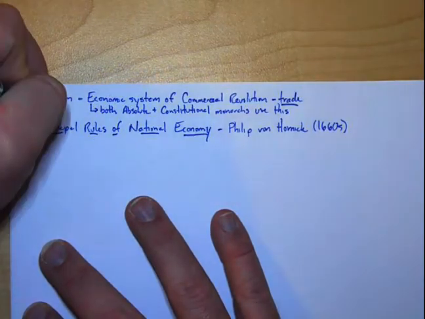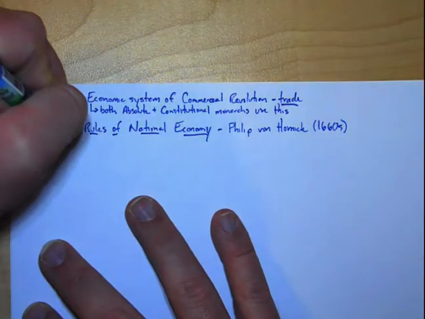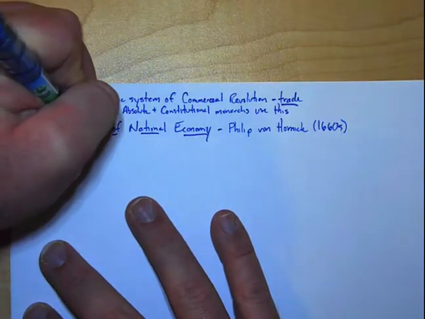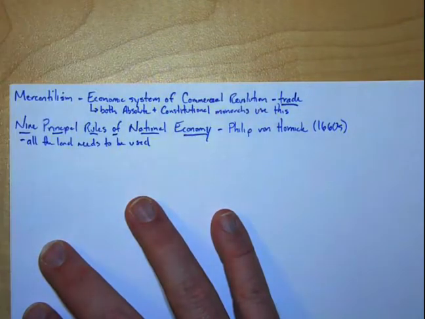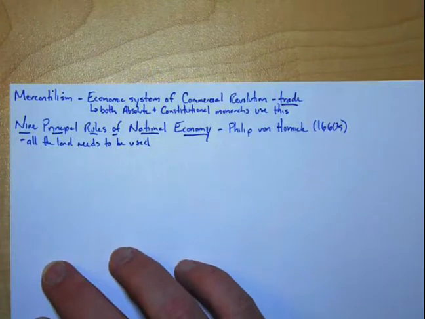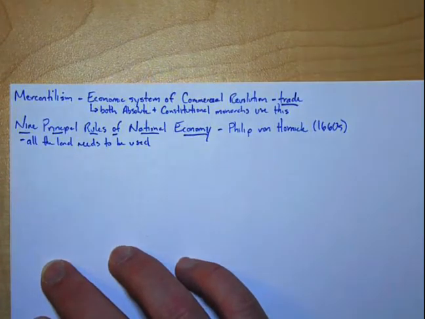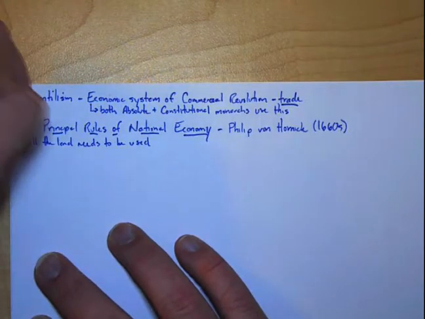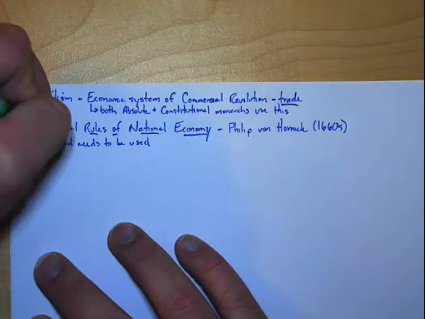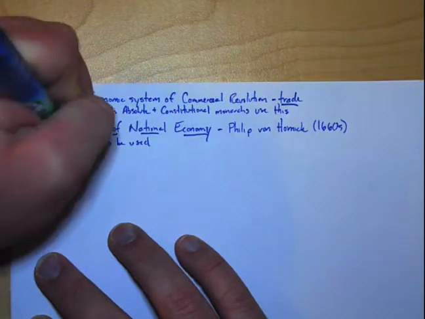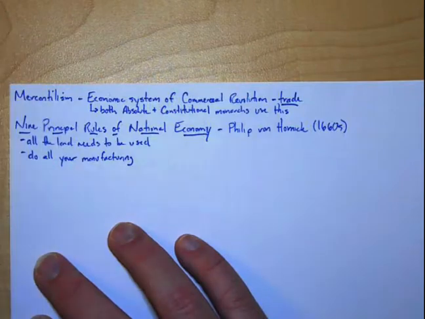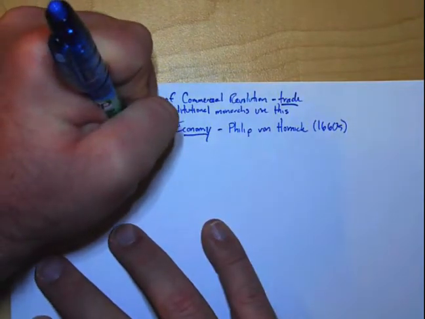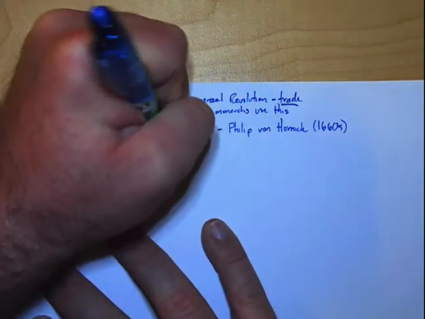First, all the land in your country needs to be used. You have to use all the land in your country for some useful purpose. You have to do all your manufacturing; anything that you're going to make has to be done in your country.